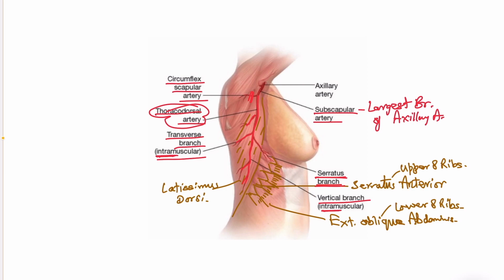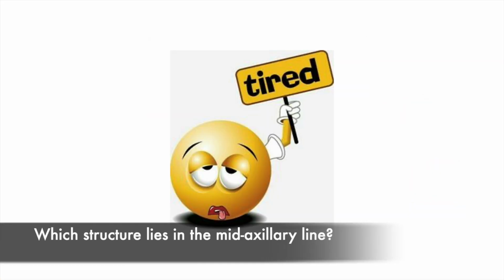Remember, it does not run exactly in the mid-axillary line. Don't confuse this. In case they sometimes ask which structure runs in the mid-axillary line, don't say that it is the thoracodorsal artery. So what will you answer if it's asked which structure runs in the mid-axillary line? You know, I'm talking about nerves and vessels.